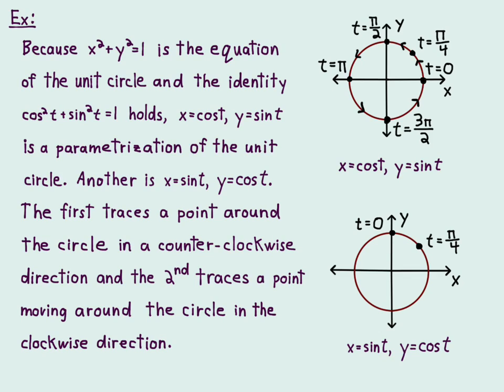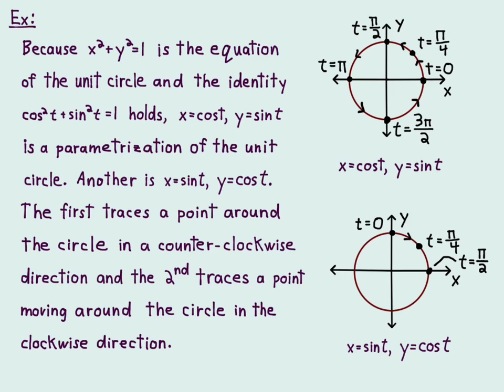At pi over 4, sine and cosine are the same. They're both 1 over square root of 2. And so that will be the same as what pi over 4 was before in the previous graph. At t equals pi over 2, sine of pi over 2 is 1, and cosine of pi over 2 is 0.